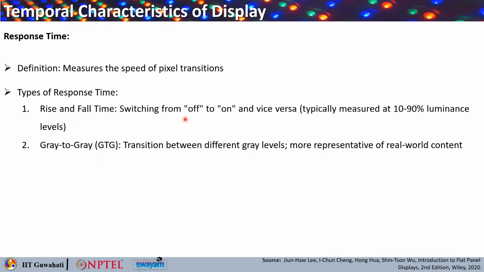Whenever you are switching from off to on and vice versa, you are switching between two different luminance levels, that is 10% and 90%. 10% is for off, 90% is for on. How much time is typically required to go from 10% to 90%? That is your rise time, and the other way will be your fall time. Another type of response time is gray to gray, G to G, that is the transition between different gray levels. This is more representative of real world content.